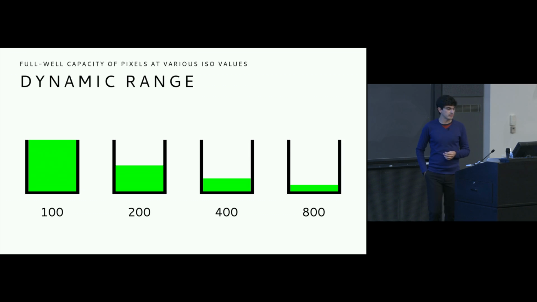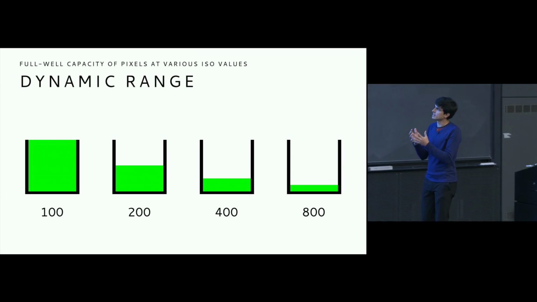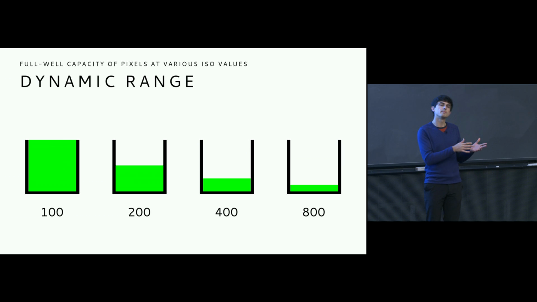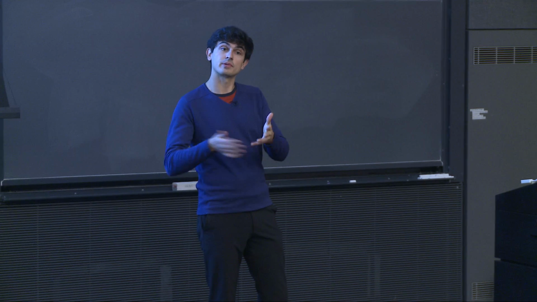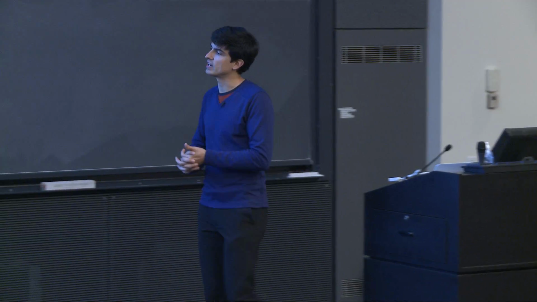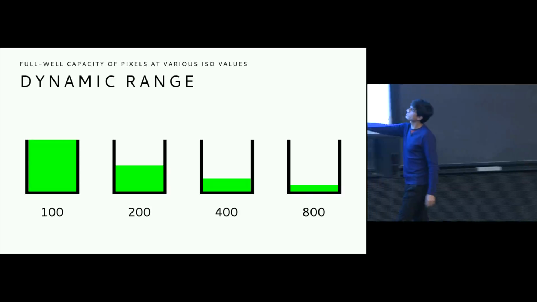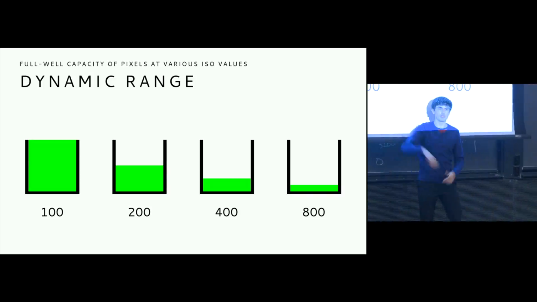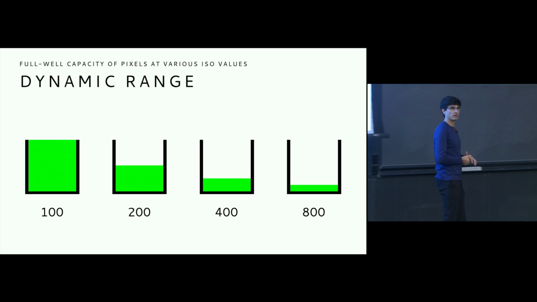And so what this means is that, of course, we decrease our dynamic range by some small amount every time we increase our ISO, because dynamic range is this simple division between the maximum possible signal that we can read divided by the smallest possible signal that we can read. And if we are decreasing the maximum possible signal out of our image, then we are decreasing the dynamic range as well.